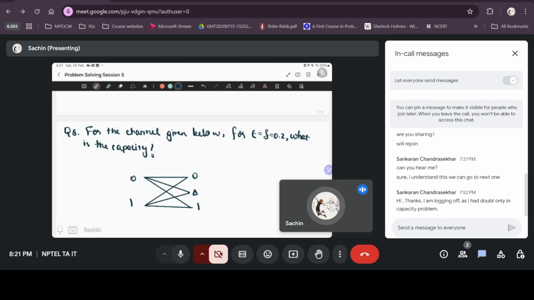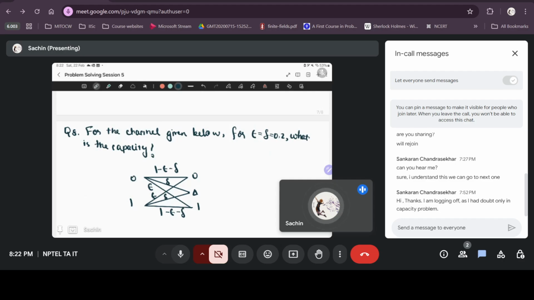So 0 goes to 0 with probability 1 minus epsilon minus delta, goes to capital delta with probability small delta, goes to 1 with probability epsilon. 1 goes to 0 with probability epsilon, goes to capital delta with probability small delta, and goes to 1 with probability 1 minus epsilon minus delta. So it's uniformly dispersive. It's not uniformly focusing.